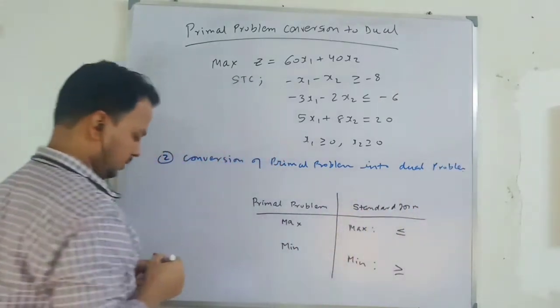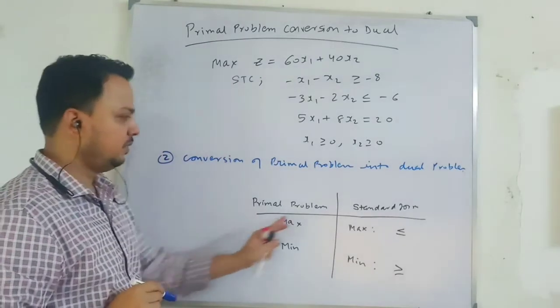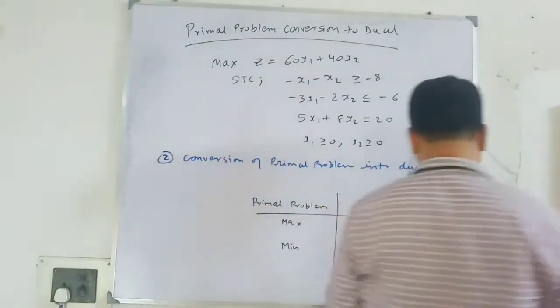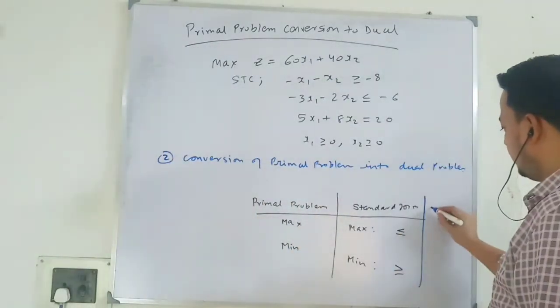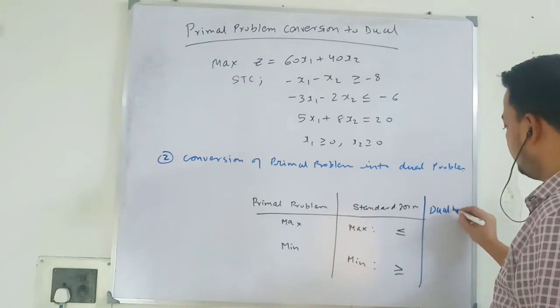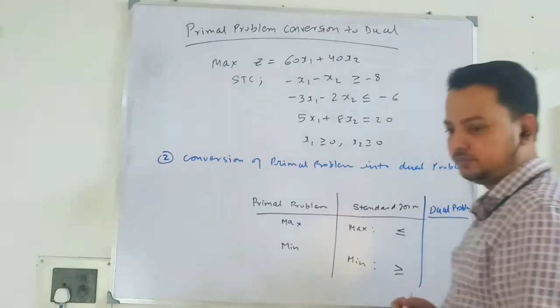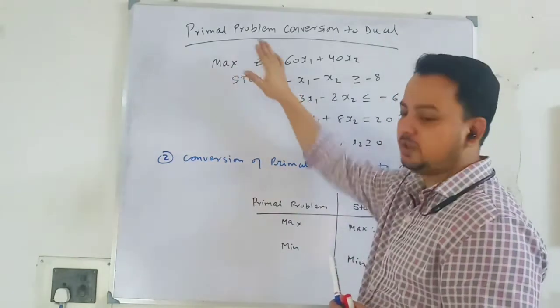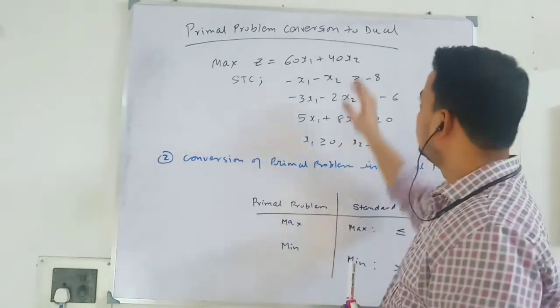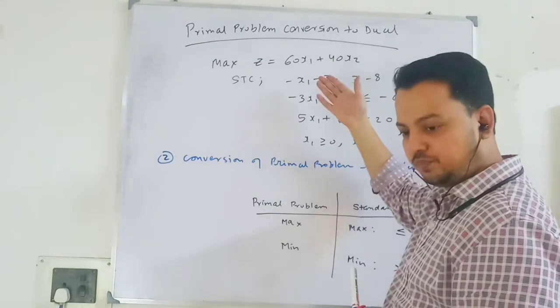So I convert the primal problem into a standard form, then I will convert this standard form into the dual problem. Primal problem is my original problem, dual problem is my derived problem.